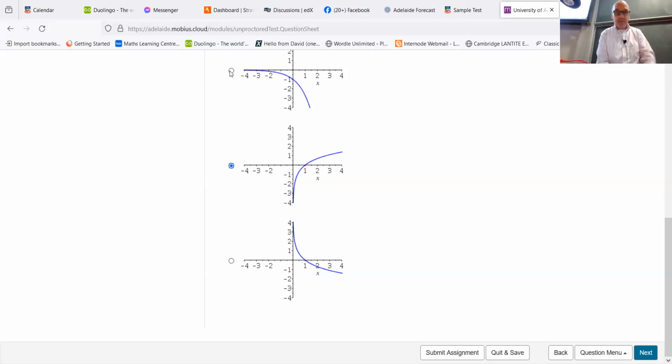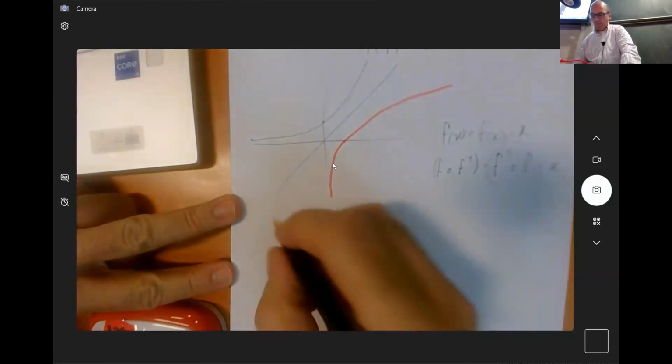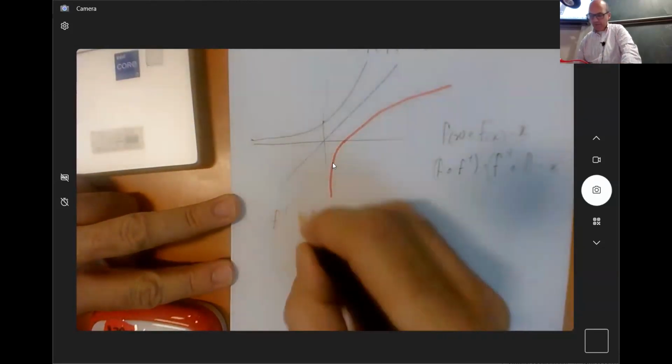That one. Let's go. So one of the things when we're talking about what one is, so f inverse.